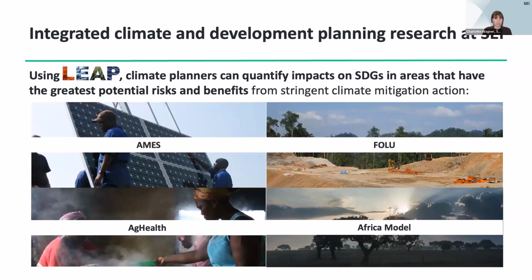And to address these 4 areas, 4 tools or tool sets were developed. The first one, AMES, which really looks at energy and energy systems planning and its feedbacks with the economy. The FOLU tool for forestry and land use, AgHealth for agriculture and health, and then the Africa Model, which uses some of AgHealth to look at it.